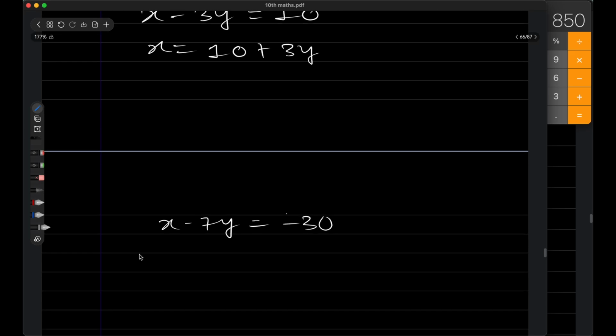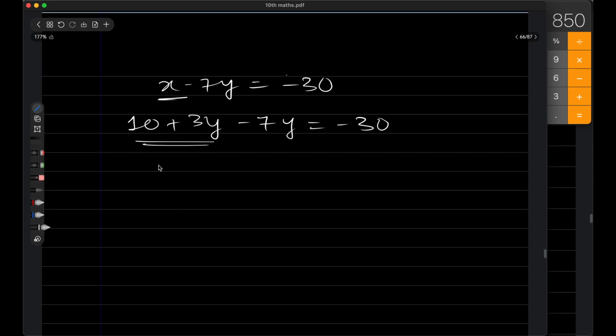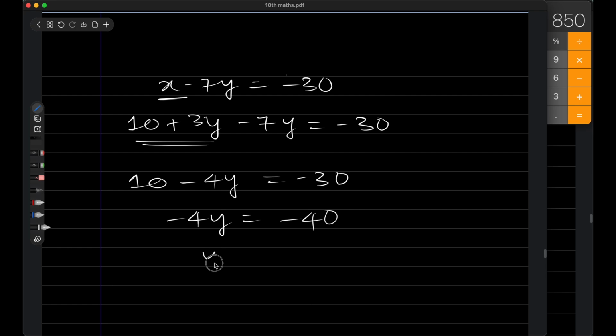X is 10 plus 3Y, so 10 plus 3Y minus 7Y equals minus 30. Now the equation becomes 10 plus (3 minus 7)Y, 3 minus 7 is minus 4, so minus 4Y equals minus 40, Y equals 10 years.